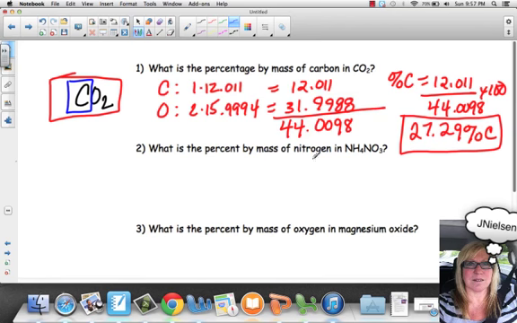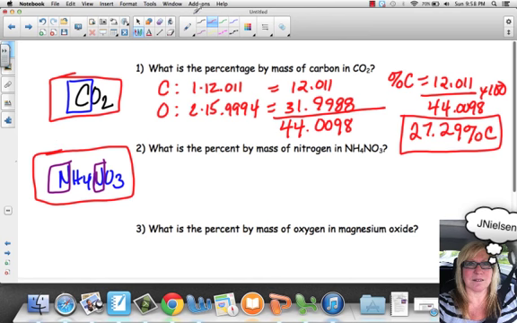What is the percent mass of nitrogen in NH4NO3? You gotta be careful on this one, because my part is all of the N, and there's 2 of them, and then my whole is everything else. So let's find the mass of this first.